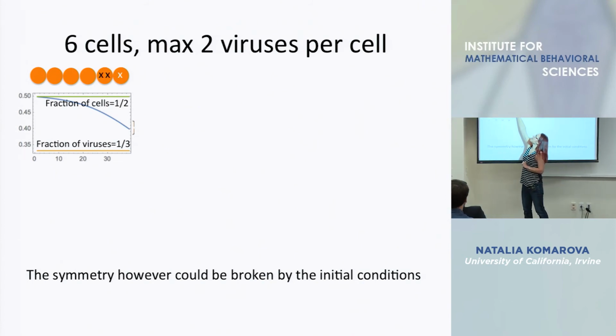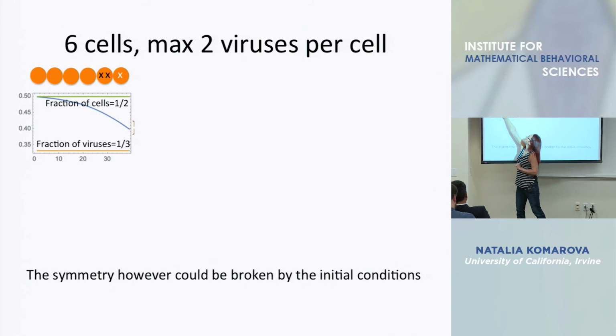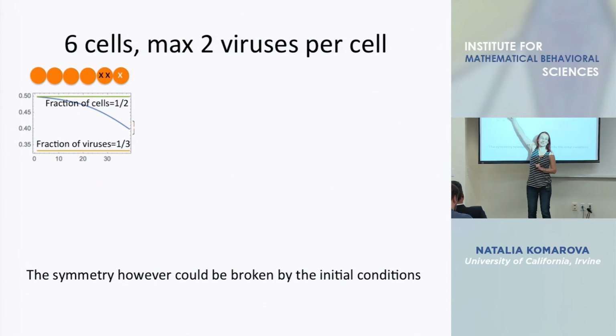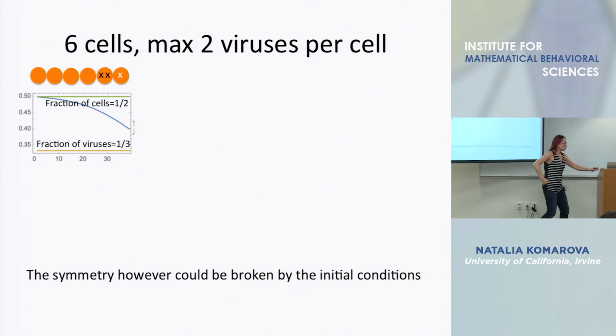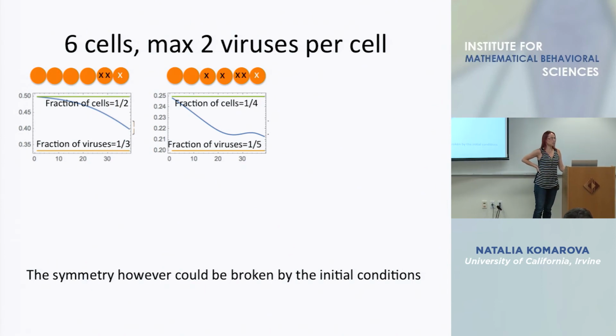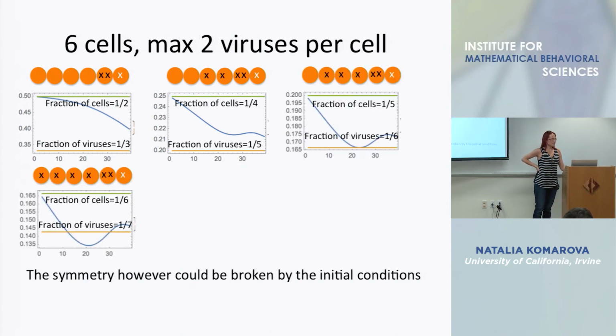So 1/2 of the cells is initially infected by a mutant. So here's 1/2. 1/3 of all viruses are initially mutant. So that's 1/3. So the real thing is kind of in between. So I keep changing the initial condition. It still stays between the two lines, then kind of doesn't. So it's a little bit complicated.